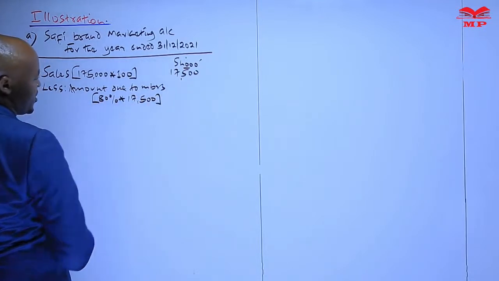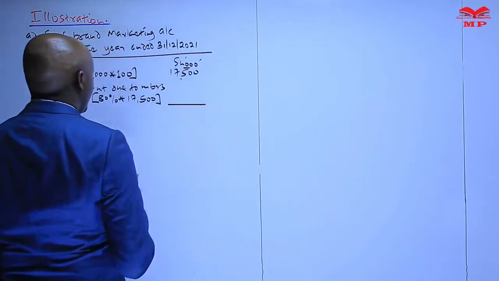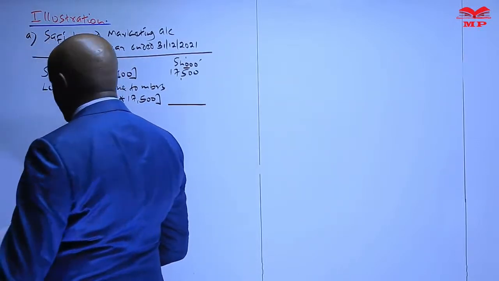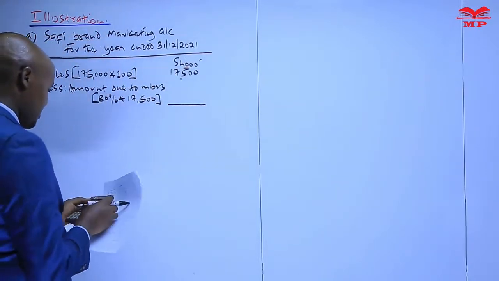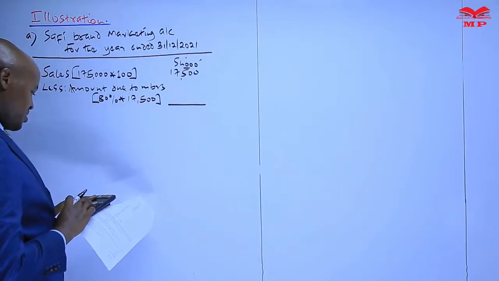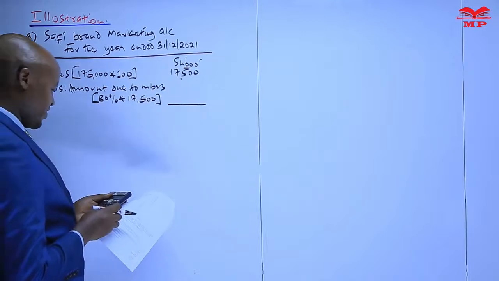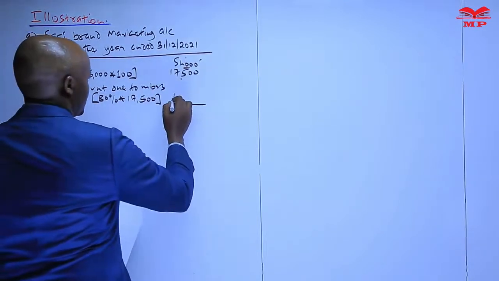because we are told the cooperative society is supposed to retain 20%. So what is 80% of 17,500? That will give us 14,000.